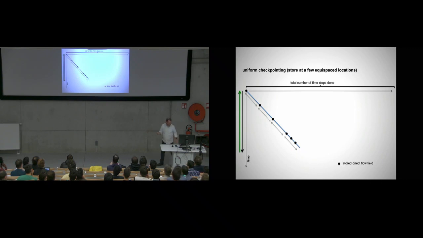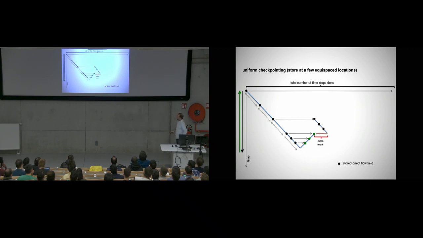Okay? So then on the way back, we do it exactly as before. We have everything we need until we come to here, and then for the next steps, oops, we don't have anything. So in that case, you stop your adjoint integration, you use this as an initial condition, you throw this one out, you clear up your memory, and then you start here again to do another forward sweep to fill in the ones that you didn't store.